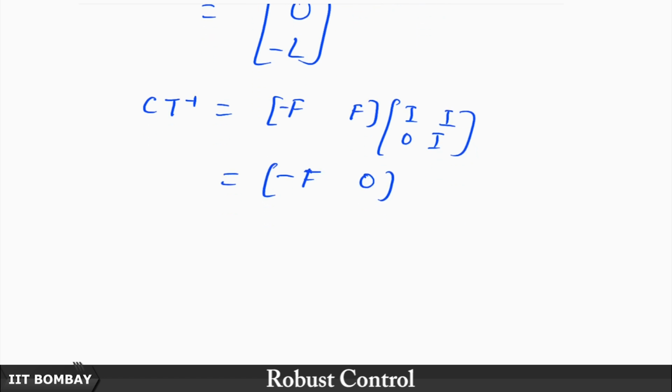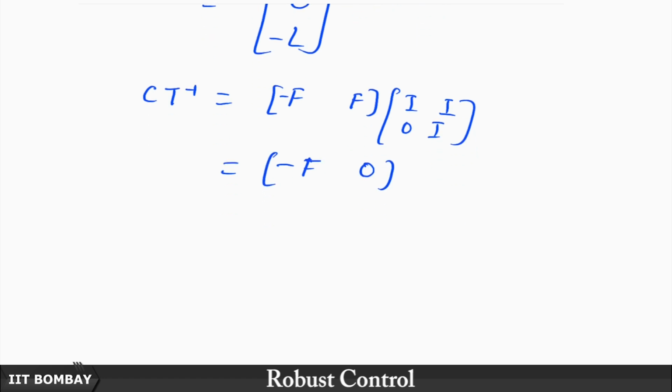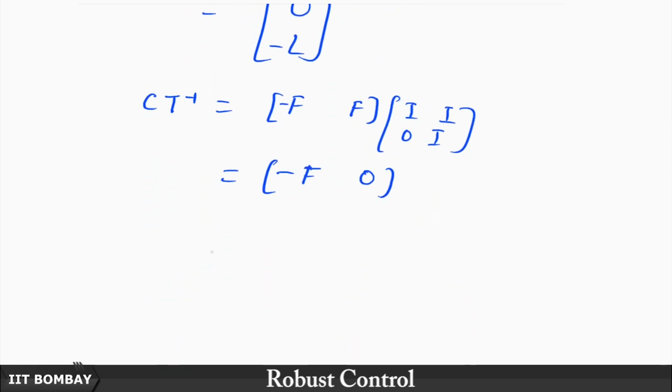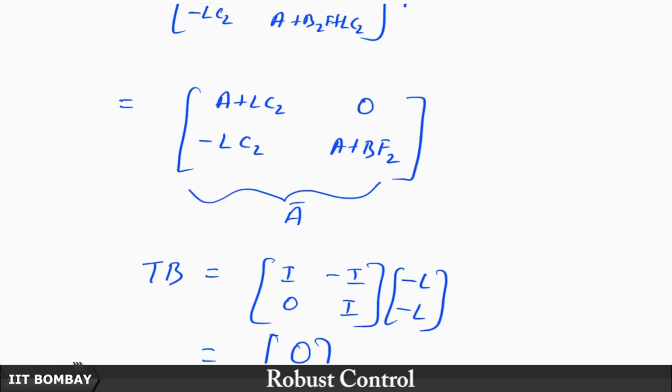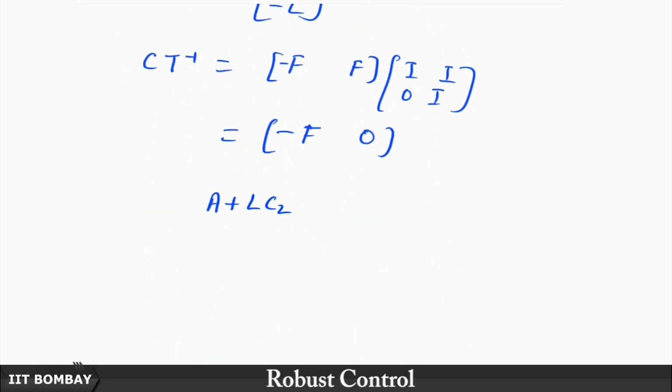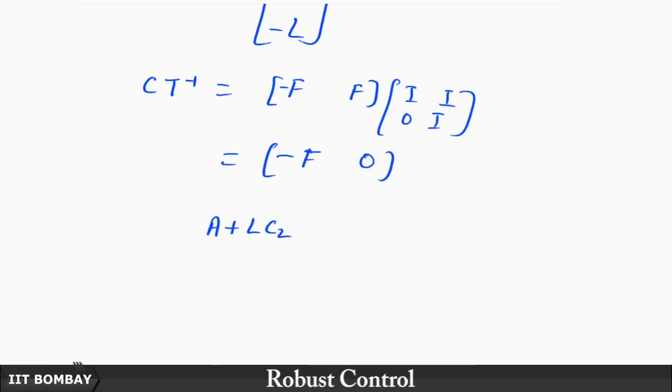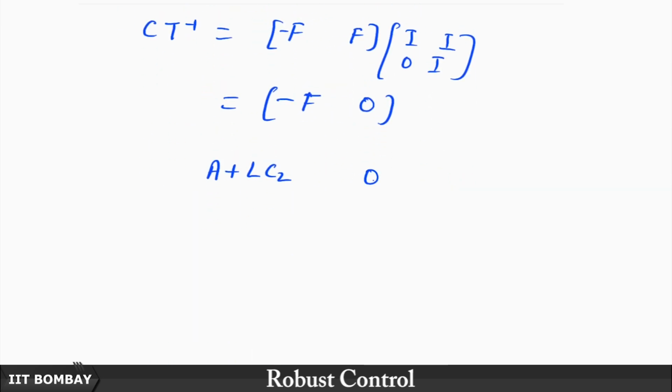0. So, in other words, we have an ABC matrix with a change of basis which is given by A plus LC2, 0, minus LC2, A plus BF2.